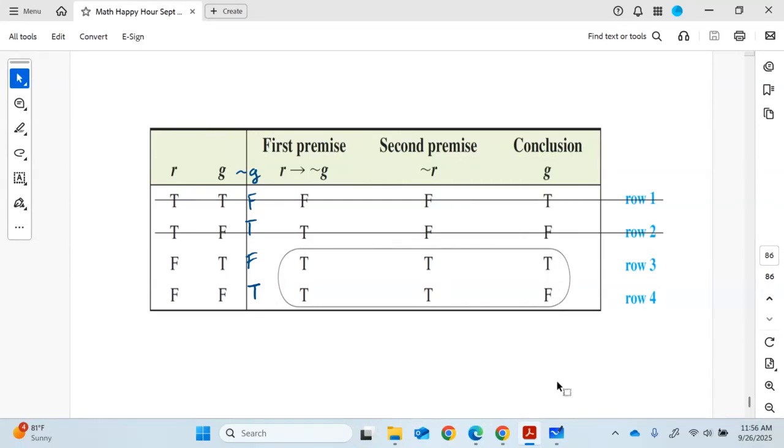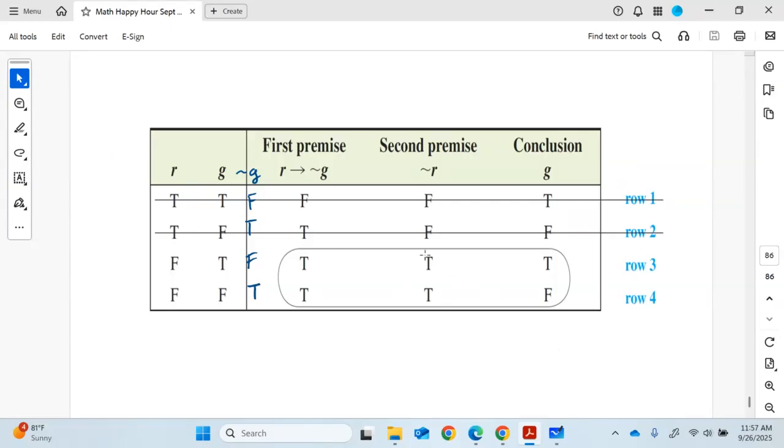And just as a comment, whenever you have multiple premises, in this case I only had 2, but if I had 3 premises, or 4 or 5, I would look for those rows where all premises are true. Notice that in a previous example, there was only 1 row. Now I had 2. The number of rows that you need to analyze is not fixed, so it always changes.